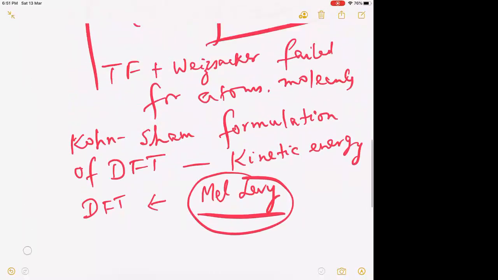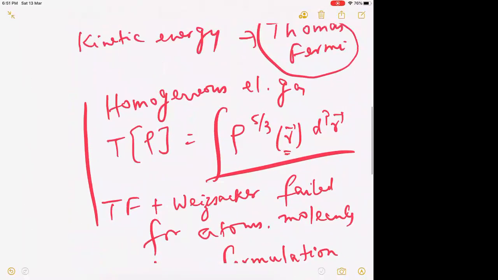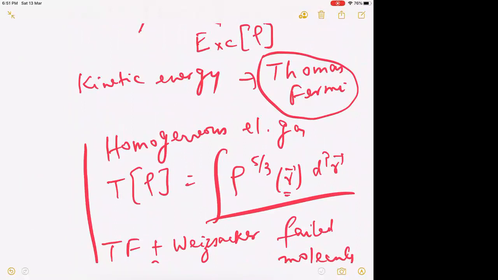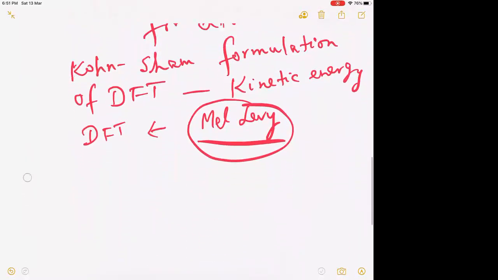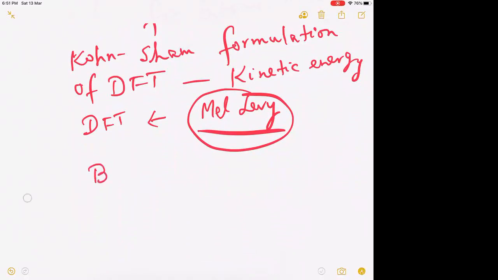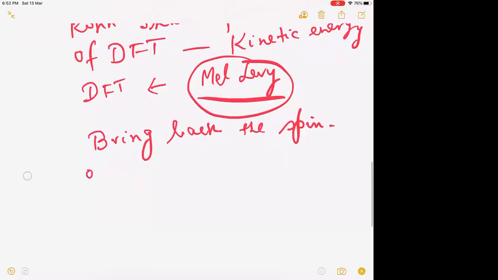I told you that since kinetic energy could not be written as a functional of density directly, what Kohn and Sham did was to bring back the concept of orbitals, which was not supposed to be there in the Hohenberg-Kohn theorem. Because the theorem said that everything should be written in terms of only three-dimensional quantities.